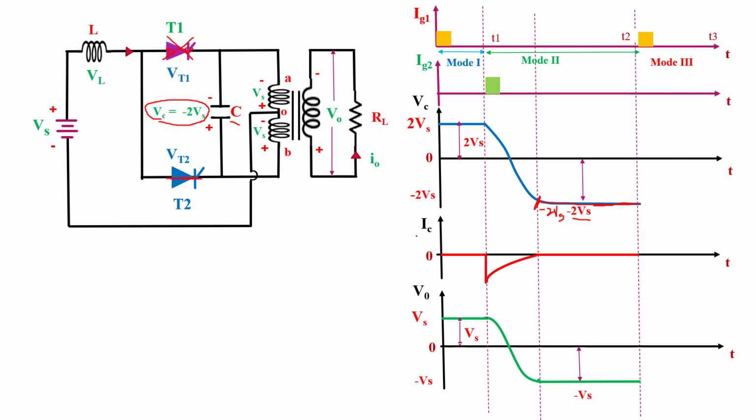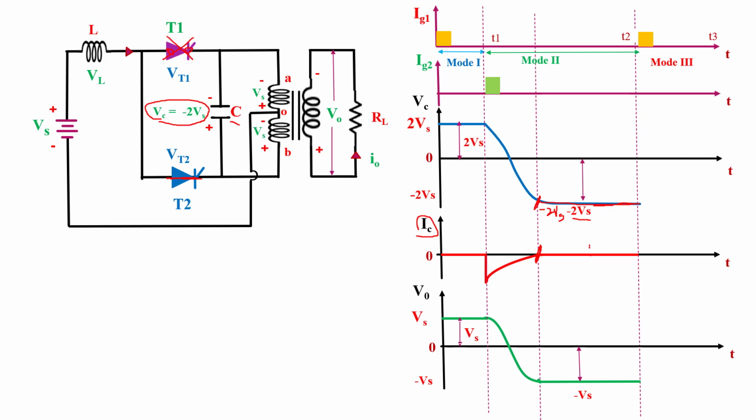Now what about the capacitor current? Here we see that at this time instant the capacitor current will reduce and attain its zero value. Capacitor current does not change because there is no condition change. Here we do not turn on the T1 thyristor, and we do not turn off the T2 thyristor. So there is no change in condition.